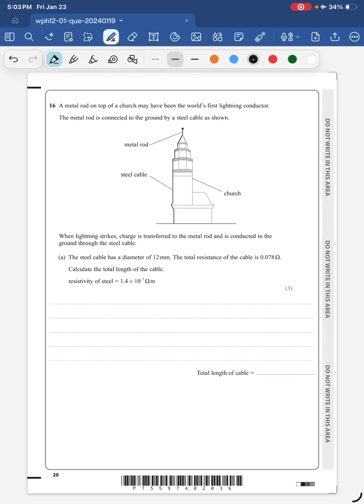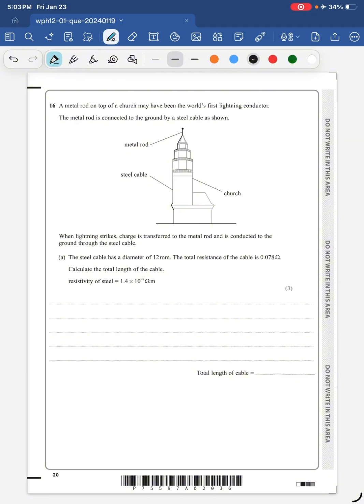The steel cable has a diameter of 12 millimeters. The total resistance of the cable is 0.078 ohms. Calculate the total length of the cable, and they give you the resistivity of steel, which is also written as rho, as 1.4 times 10 to the negative 7 ohm meters.